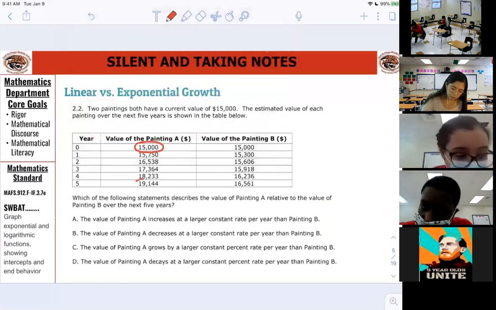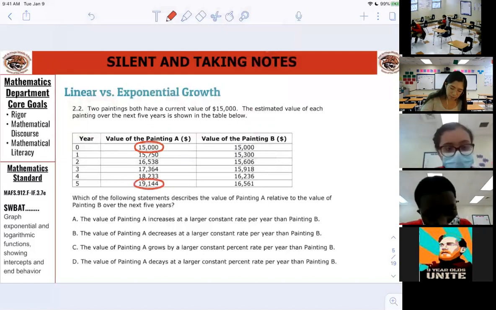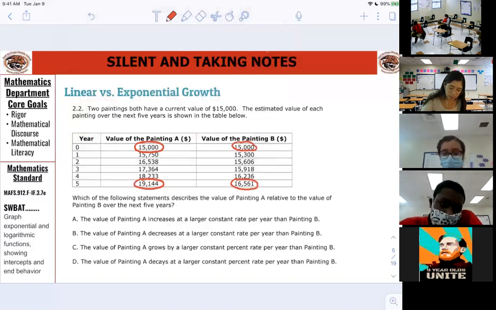Never mind. You can kind of think about how fast things go, right? Painting A starts out slow, but then all of a sudden it goes really fast and we end up at 144.